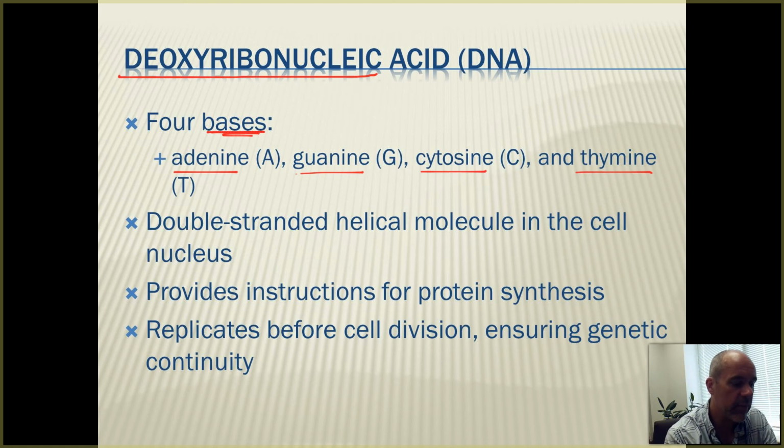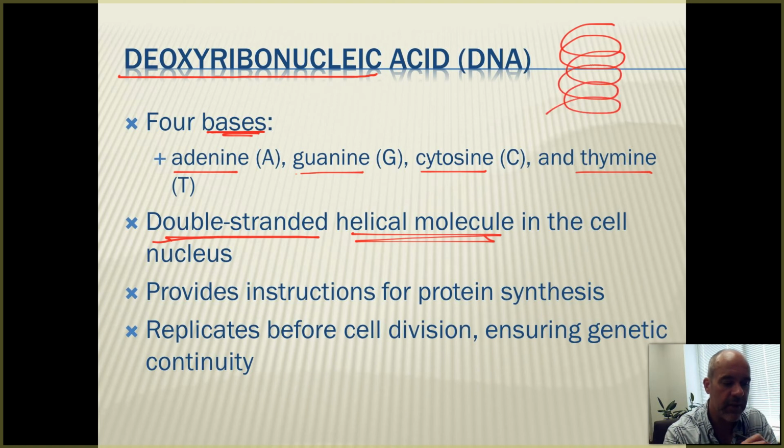DNA molecules are double-stranded, and we'll see what I mean by that, and they're helical. Remember in the protein lecture we talked about something that's helical in shape. That means spiral. DNA molecules look like spiral staircases, and you've seen diagrams of DNA molecules before, even if you didn't realize it. And again, one of DNA's main functions is as information storage molecules, containing the recipes that tell your cells how to make particular proteins.